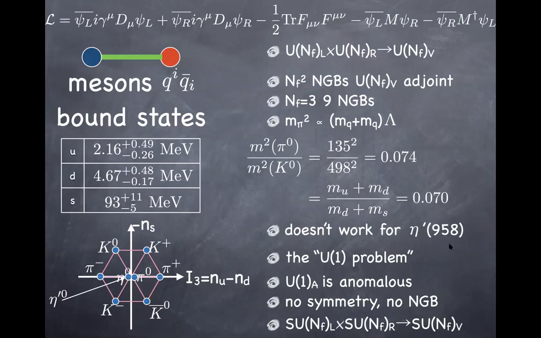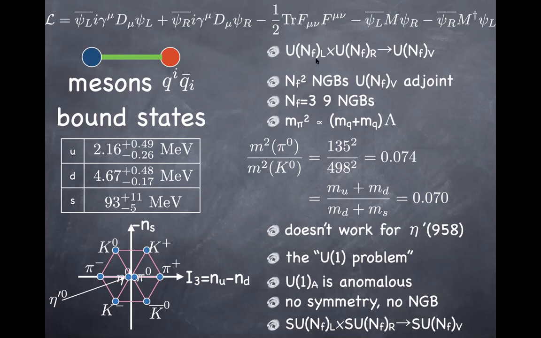So I've given you some evidence that it is consistent to interpret some of these, what are called the pseudoscalar mesons in the strong interactions, which are the bound states of quark and antiquark, as Nambu-Goldstone bosons of the spontaneous symmetry breaking of U(NF) left cross U(NF) right chiral symmetry. And we talked about this for general NF and NC, I think, last week.